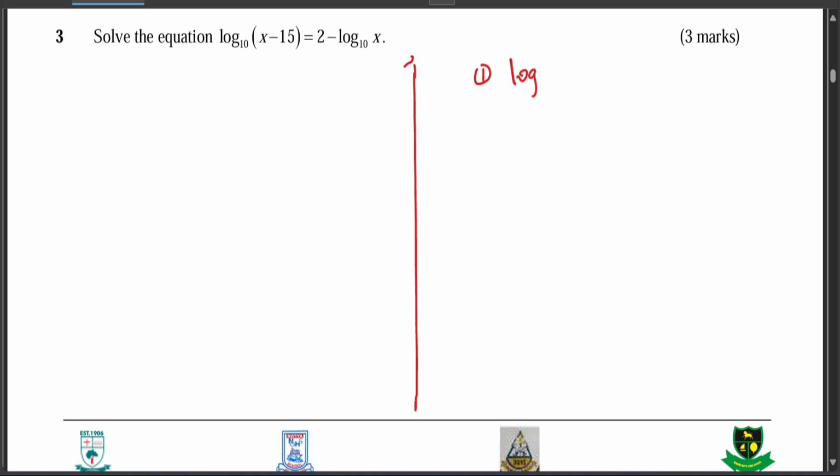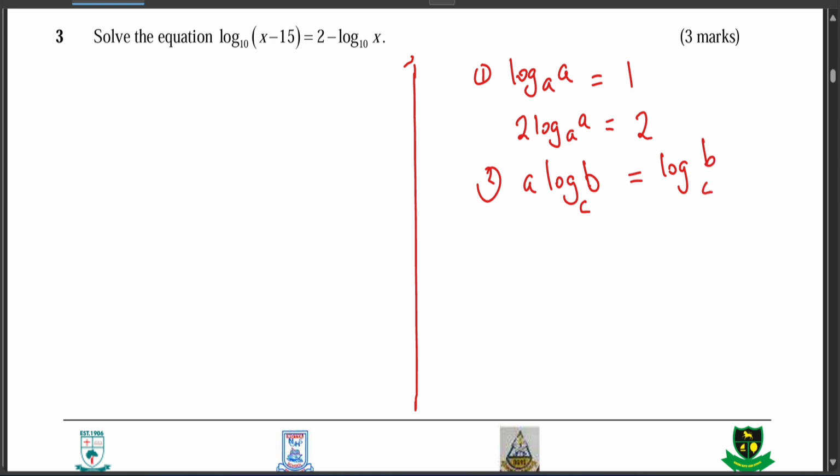The first rule: log a base a will always be equal to 1. Even if you put 2 log a base a, since log a base a is 1, then 1 times 2 gives you 2.